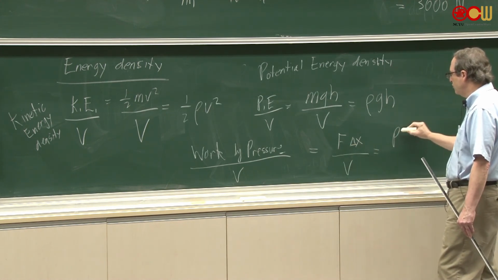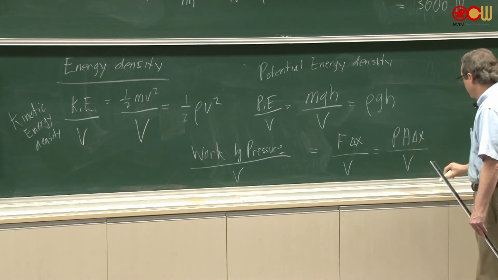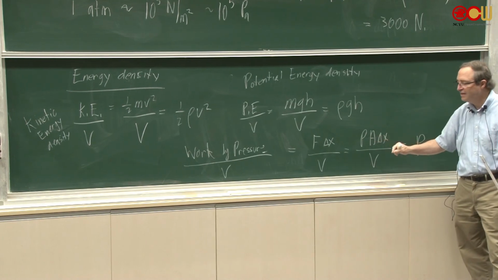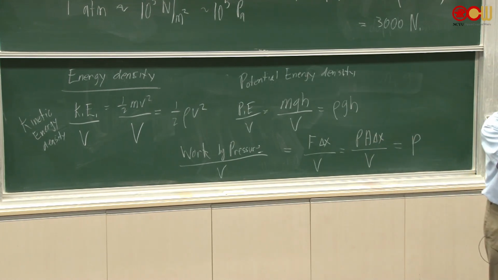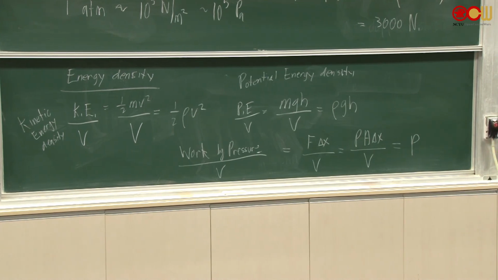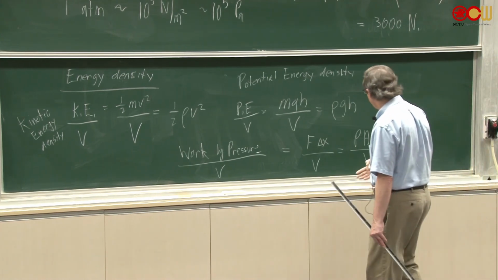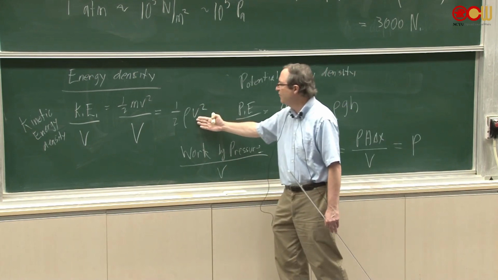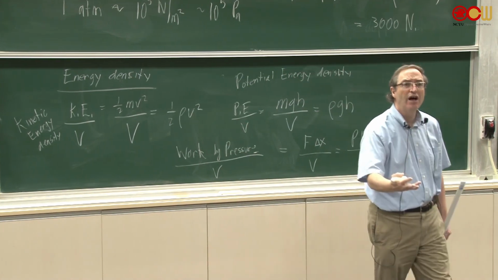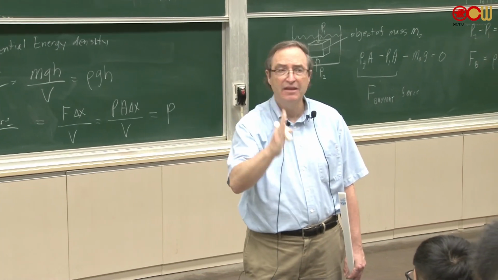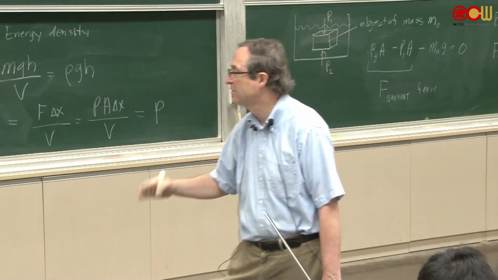Force is pressure times area, divided by v. And so that's just equal to the pressure. Because A times delta x is the little bit of volume of the fluid. All right, so we have these three energy densities. We add them all up by conservation of energy. It should be the same at every point in space.